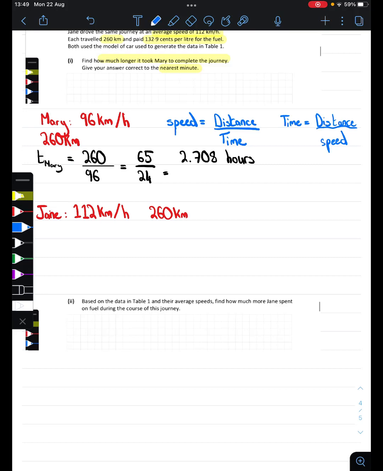So if we use this formula again, then the time it takes her, T Jane, is 260 over 112, the distance she traveled over the speed she was traveling on average. And so this equals 65 over 28, or 0.321 hours.